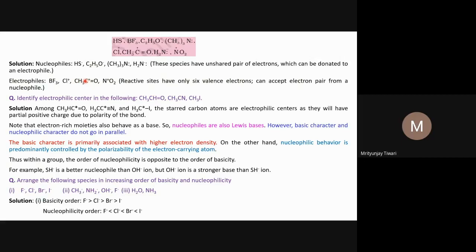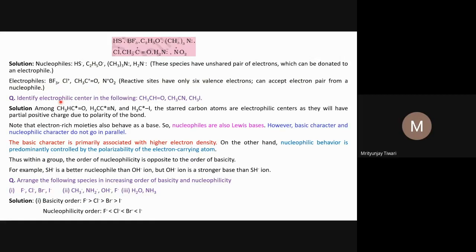So this center has only 6 electrons. This nitrogen also has 6 electrons. Cl plus also has only 6 electrons, and the boron atom in this BF3 molecule also has only 6 electrons. So certain centers have only 6 electrons in their valence shell, and so these are electrophiles. Another way to understand is that these are electron deficient species, and electron deficient species are also electrophiles.